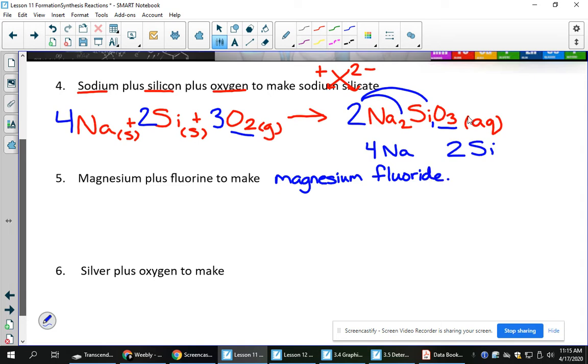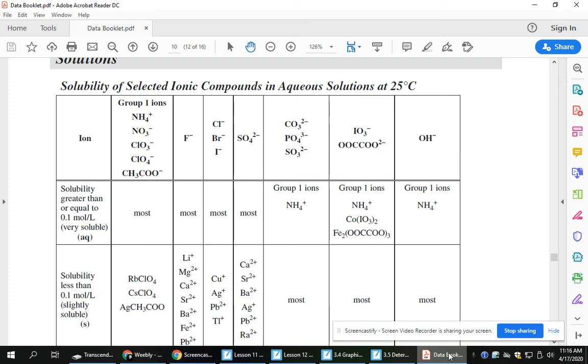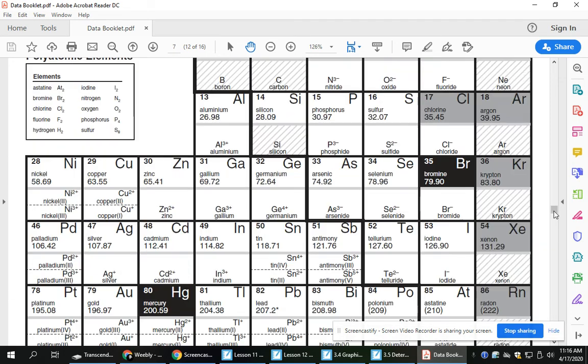The first step is to just write it in words. Once we have it in words, then we can determine the charges and cross them so that we can write the ionic compound properly. We've already done magnesium today, so I know it's Mg solid. Fluorine, I'm going to check because it could be a polyatomic element in that little box, and I do see fluorine in there.